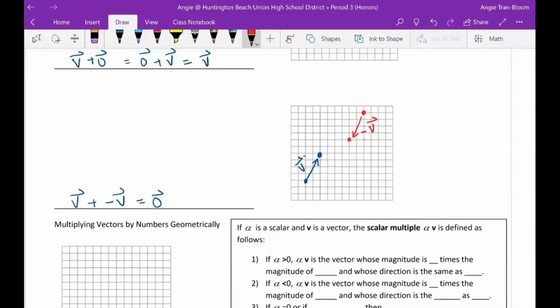This is negative vector V. So when you have a positive vector V and add its negative, you go back to where you started. You cancel out the size, so what you have left is just a dot, which is the 0 vector.